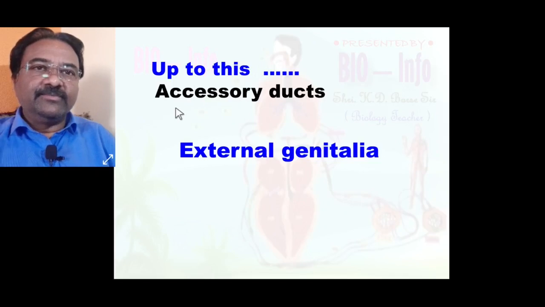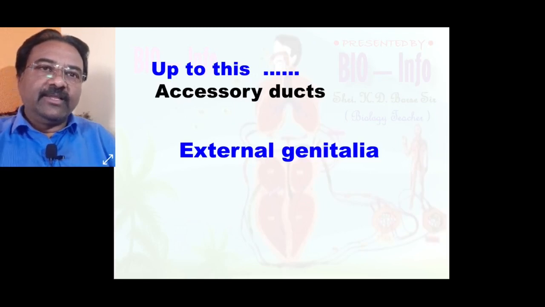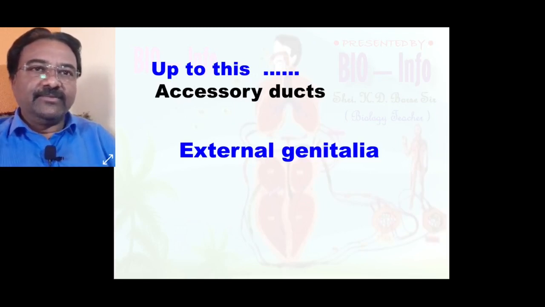It consists of three parts: the upper dome-shaped fundus, the middle broad body and the posterior distal cervix part, and the last accessory duct is known as the vagina. So up to this we have completed the accessory ducts.